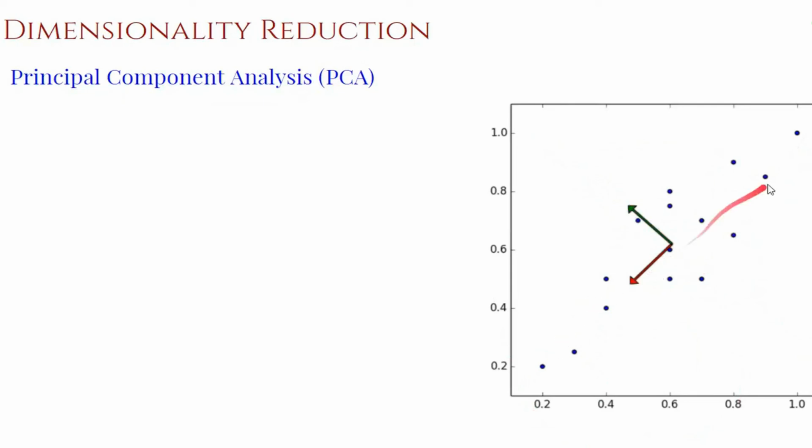These are the two directions that PCA will find out. It also keeps track of the additional information: along which direction has the maximum variation, along which has the second largest variation, third largest, and so forth. Here I am showing an example of two-dimensional data, so it will estimate two directions. One will have the maximum variation, and the second one the second maximum variation. That is what it will try to find.